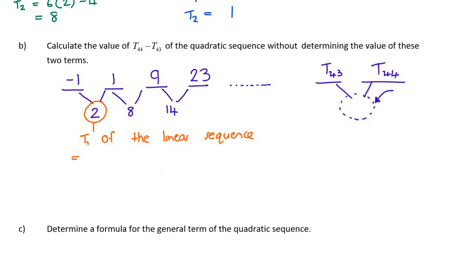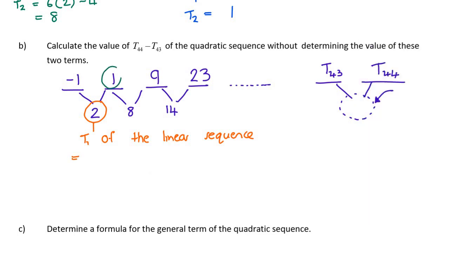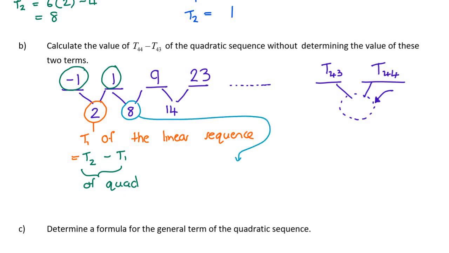It equals the second term of the quadratic minus the first term of the quadratic, so T2 of the quadratic minus T1 of the quadratic sequence. So can I not look at the similar pattern? Let me have a look at the next one. 8, if I just write myself a note here, this is T2 of the linear sequence.